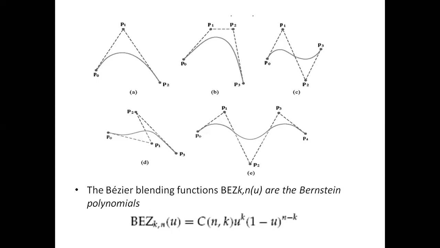Now we call it a Bezier spline curve whenever my curve is within the convex hull of the control points.